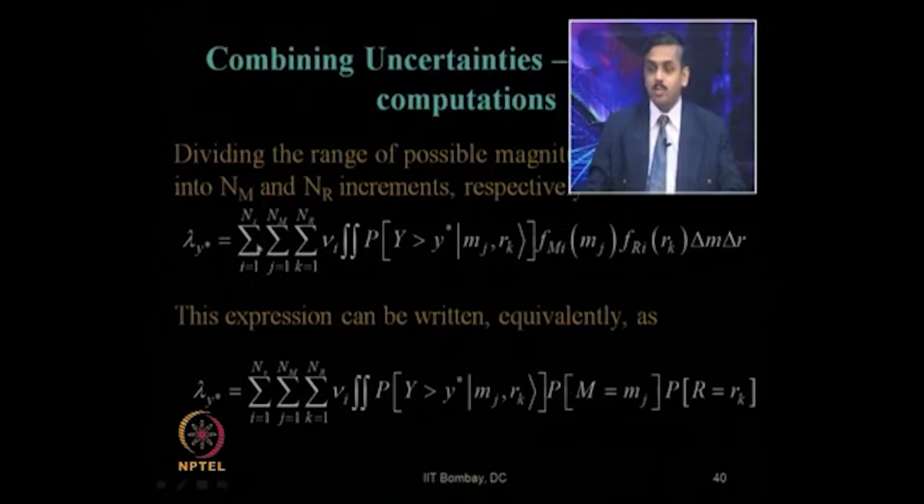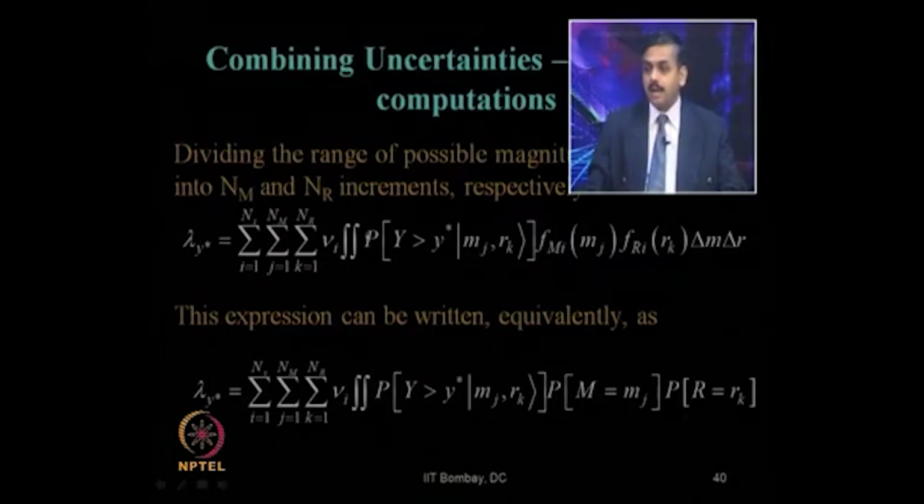Sum of i equals 1 to ns, sum of j equals 1 to nm, that is, we have taken care of the integration of the moment function or moment uncertainty. Sum of k equals 1 to nr, we have taken care of the uncertainty due to the distance.